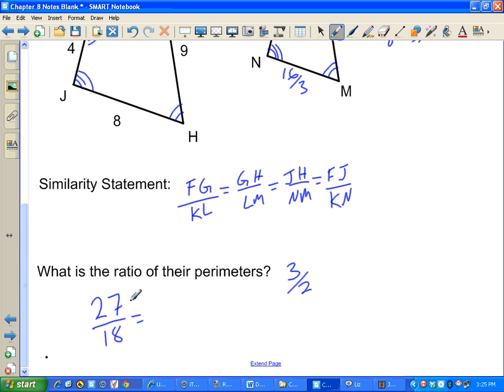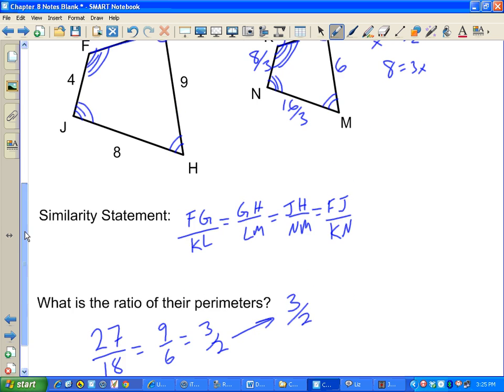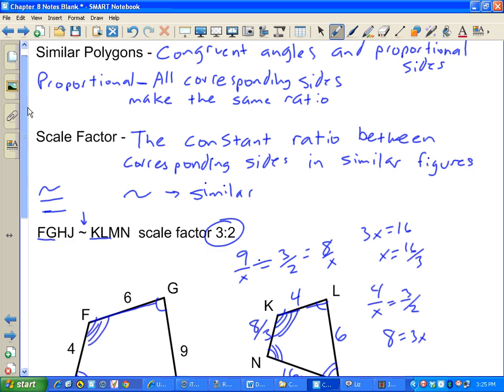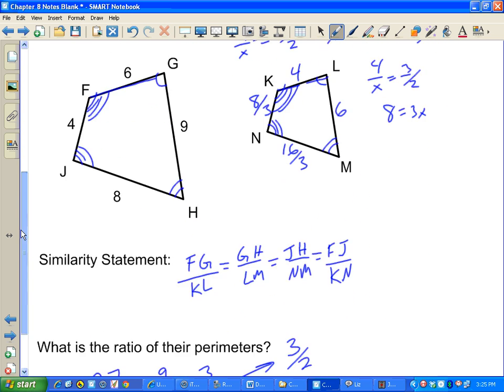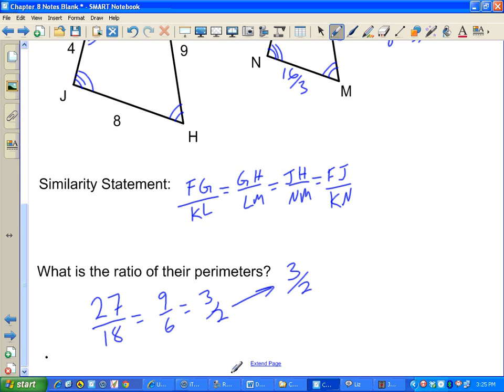This, of course, reduces to, if I divide both by 3, I get 9/6. Divide by 3 again, I get 3/2. So the scale factor applies to not only the sides, but their perimeters as well.